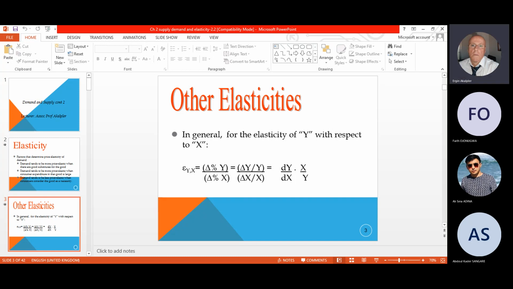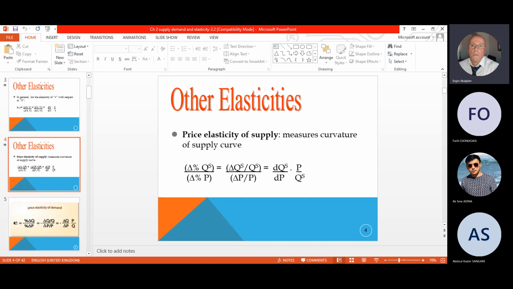Then delta y over delta x multiplied with x over y. Then price elasticity of supply will be delta Qs percentage: the last supply quantity offered subtracted from the former supply, divided by the price of the last period subtracted from the former period.